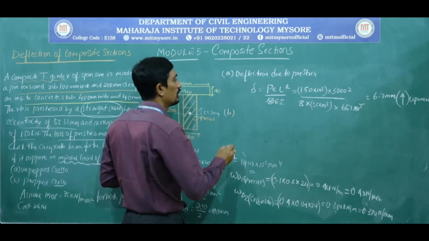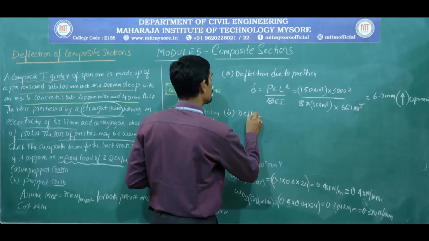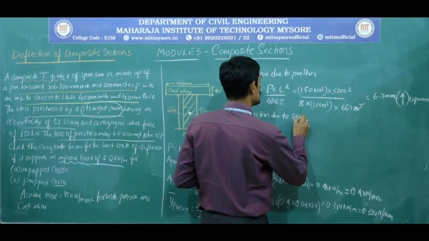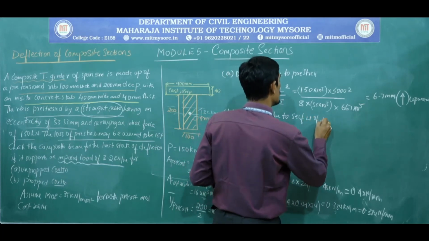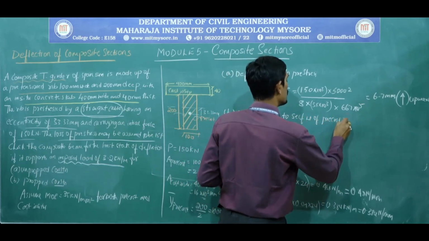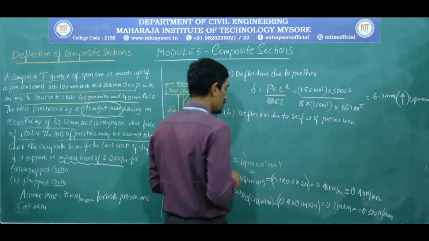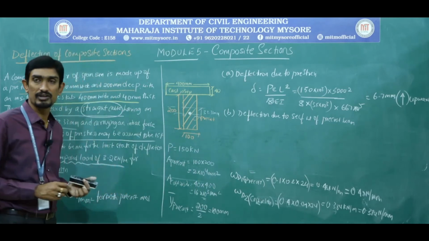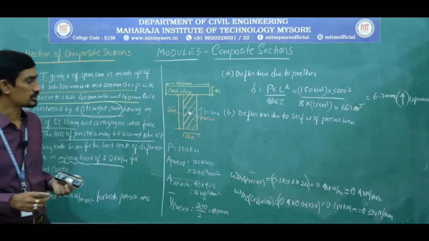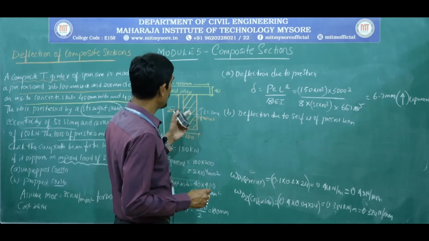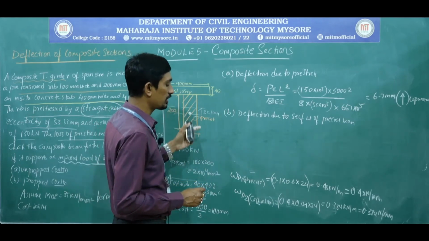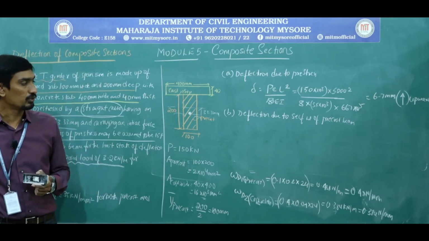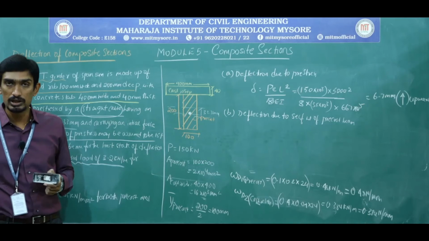As I stated, deflection due to the self weight of the precast pre-tension beam. Just like what we did in the stresses, the same thing: deflection due to the self weight of the precast. Now this precast beam will be subjected to a self weight of 0.48 kilonewton per meter, which is UDL.